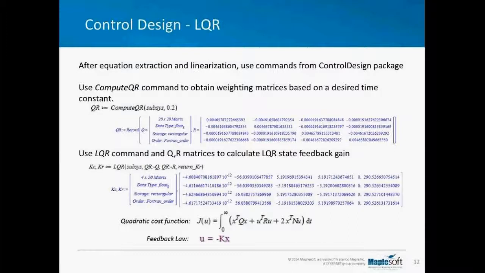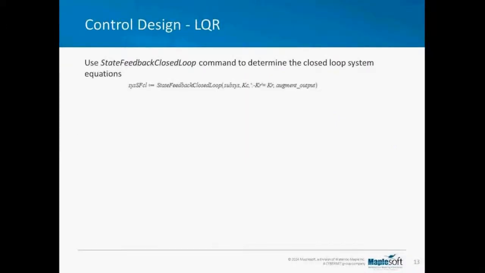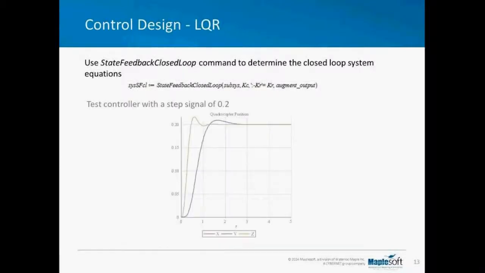We can then use the LQR command together with the computed Q and R matrices from the step above to calculate our state feedback gain. We can then put it into a closed loop system so that we can test the performance of our controller. We're testing it with a step signal of 0.2 in this case, and we're plotting the XYZ position of our center of mass.